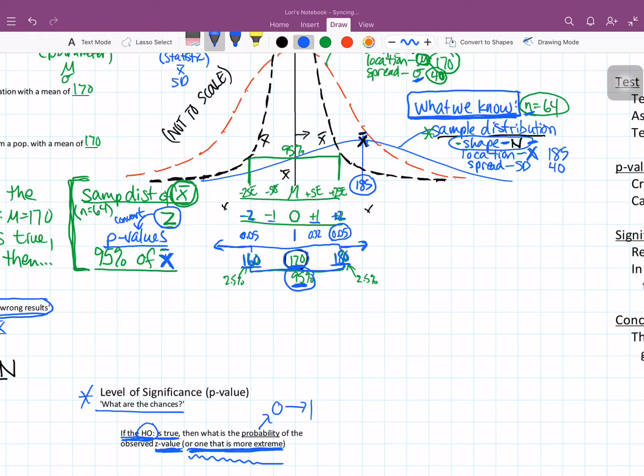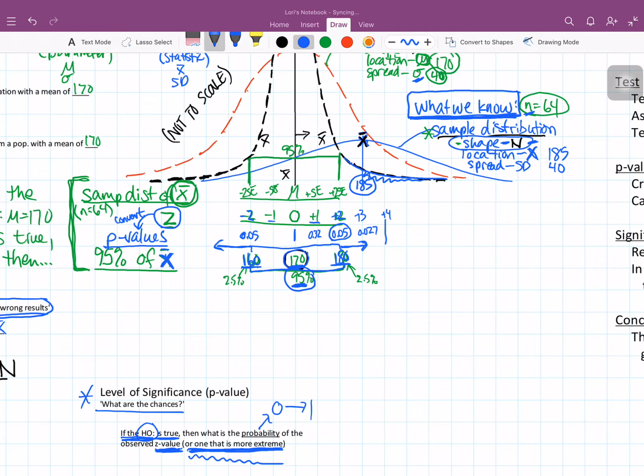I'm going to add plus 3. The p-value that goes with a z-value of plus 3 is 0.027, and plus 4, we're quickly running out of runway over here. It's getting smaller and smaller as we get farther away.